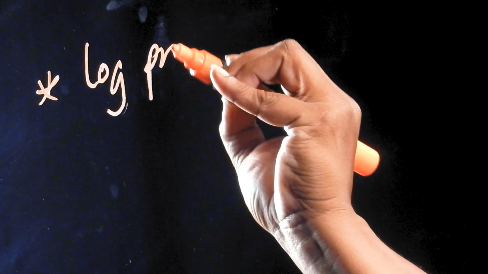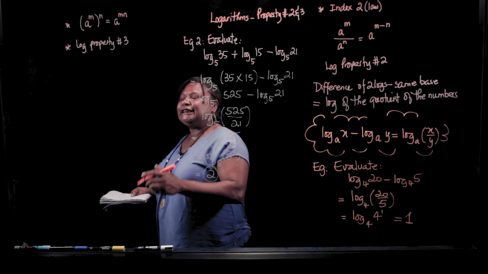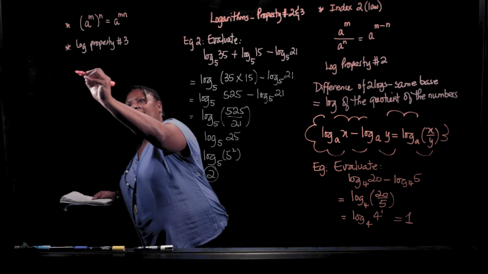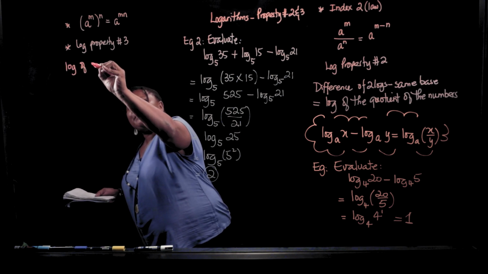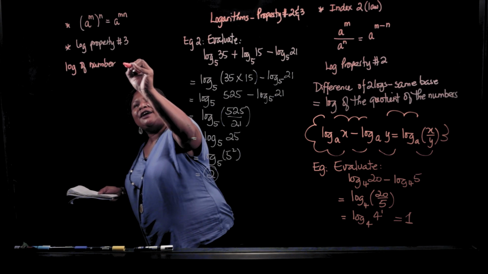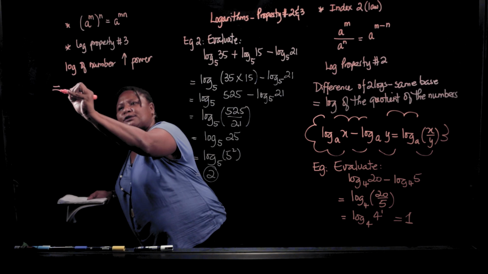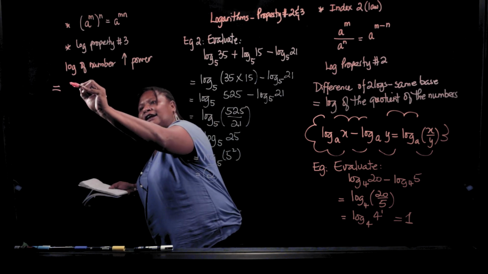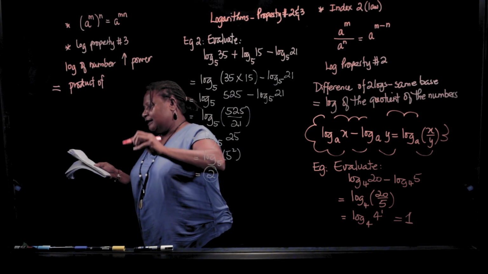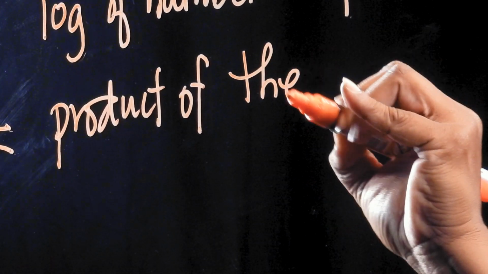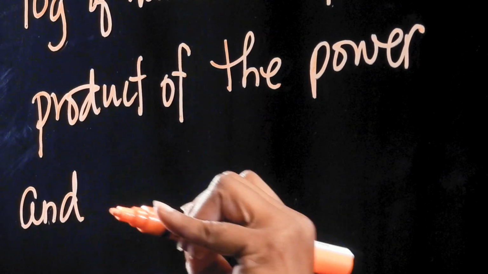Okay, now our log property number 3. So log property number 3 states that the log of a number raised to a power is equal to the product of the power and the log of the number.